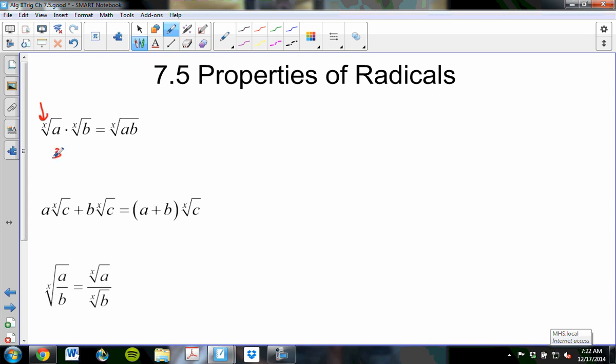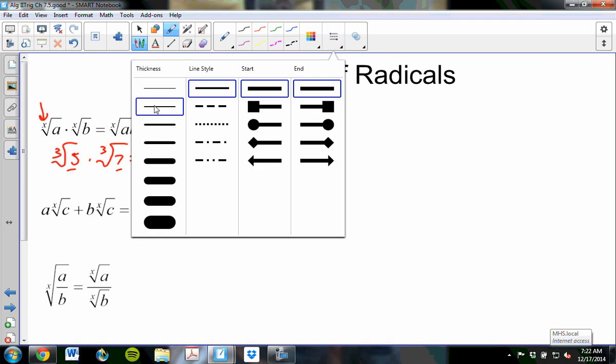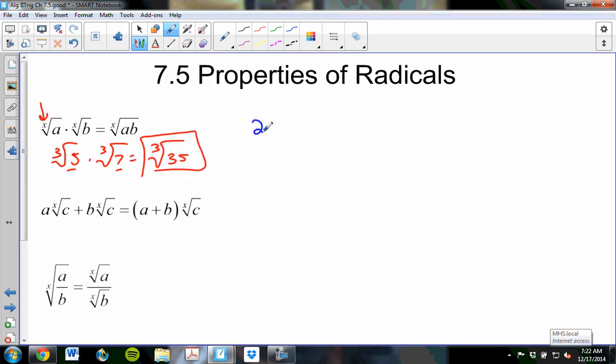For example, if I was doing the third root of 5 times the third root of 7, that becomes the third root of 35. 5 times 7 is 35. And if I was doing 2 times the fourth root of 80 times 3 times the fourth root of 12, well, this gets pretty messy pretty quick, but you can pair things up well.